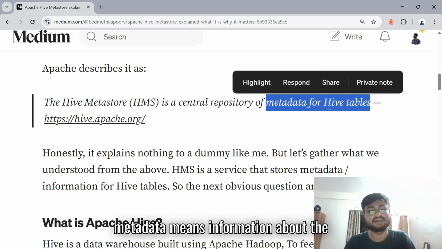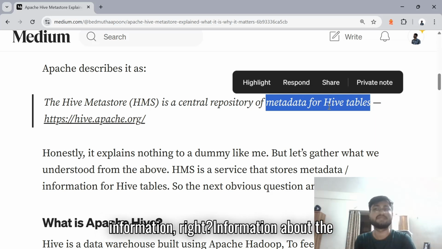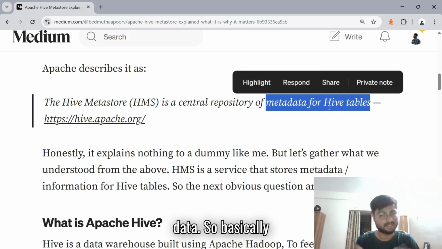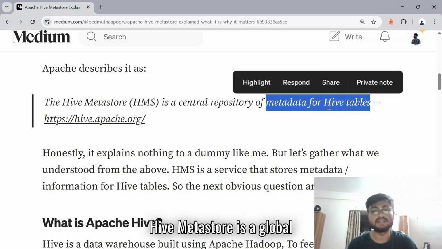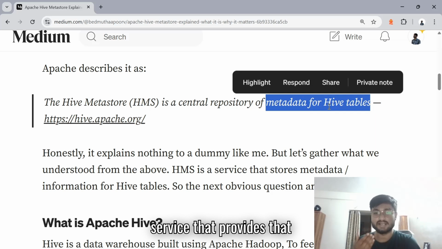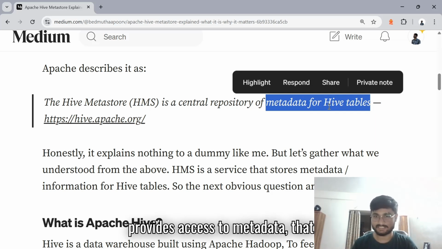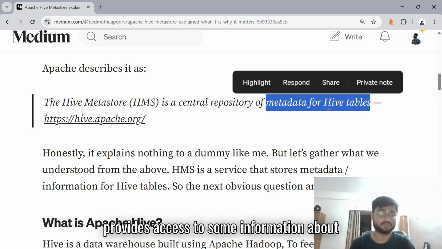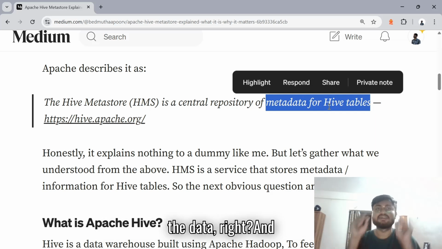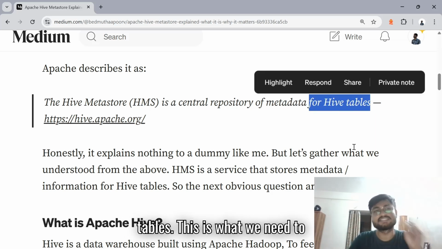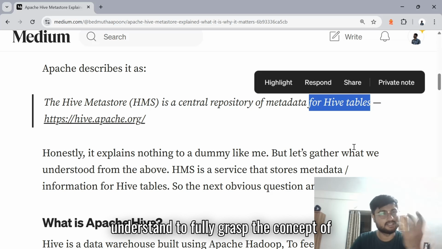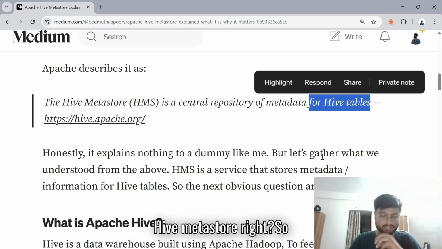The word metadata means information about the information, information about the data. So basically, Hive Metastore is a global service that provides access to metadata, to some information about the data. And at the end, you see the term Hive tables. This is what we need to understand to fully grasp the concept of Hive Metastore.